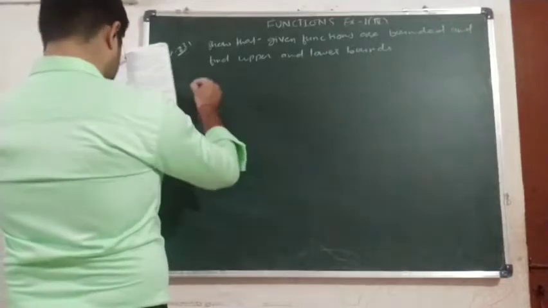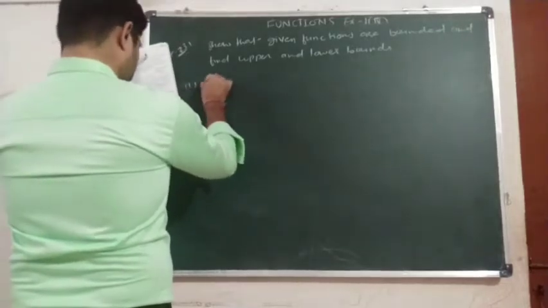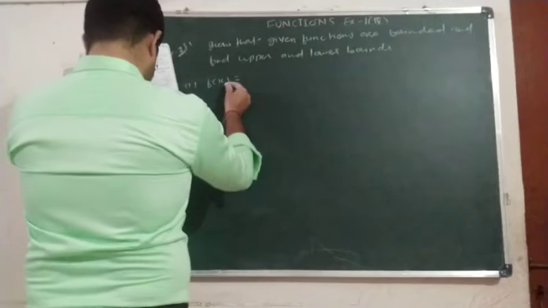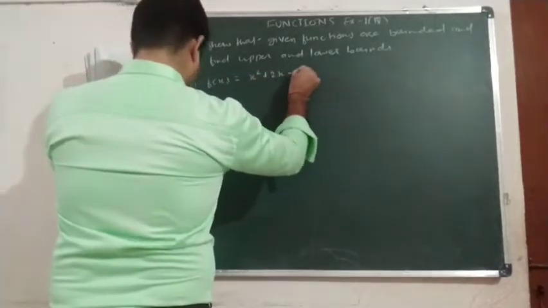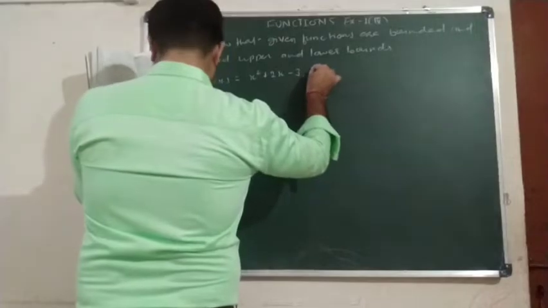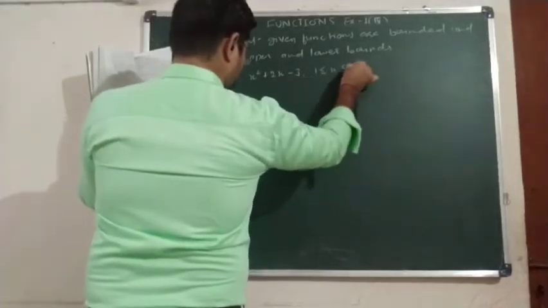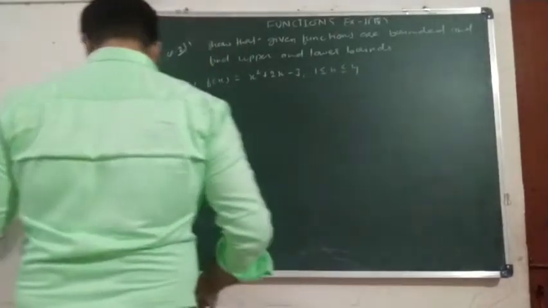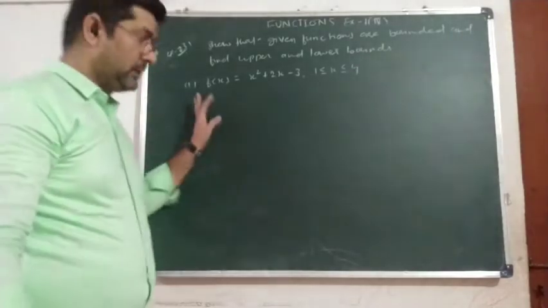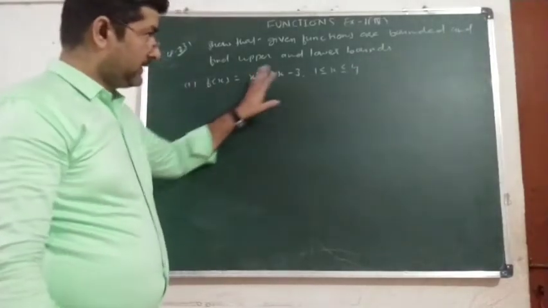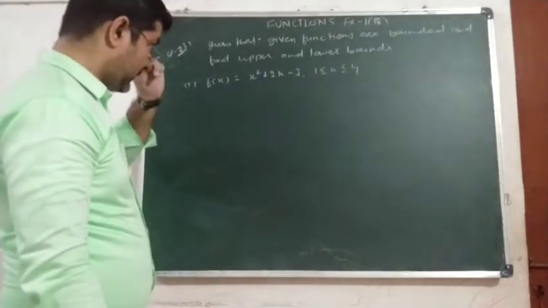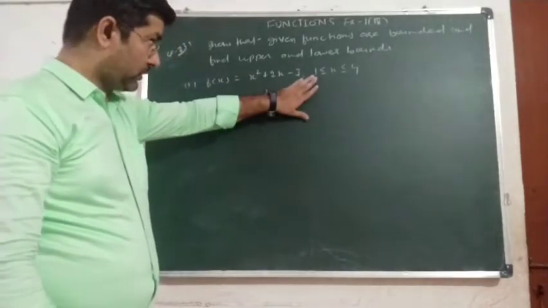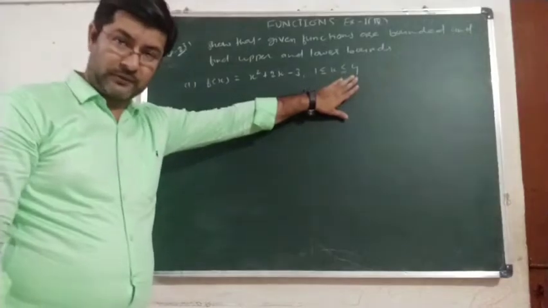Okay, question number 23, number 1. f of x is equal to x square plus 2x minus 3 for 1 less than or equal to x less than or equal to 4 is given. Obviously, function f is bounded both lower and upper, because we have lower limit of x and upper limit of x is also given.